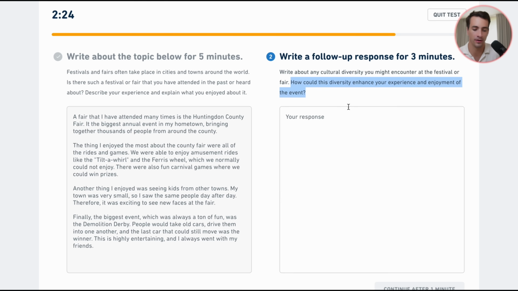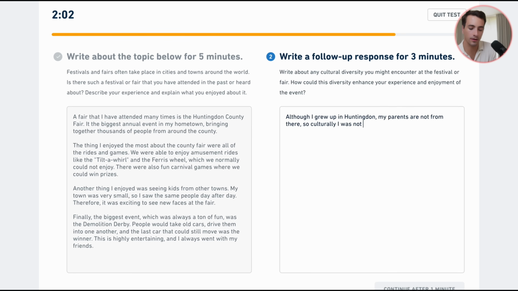All right, so let's see. Write about any cultural diversity you might encounter at the festival or fair. All right, so for me, although I grew up in Huntington, my parents are not from there. So culturally, I was not ever fully a product of Huntington.